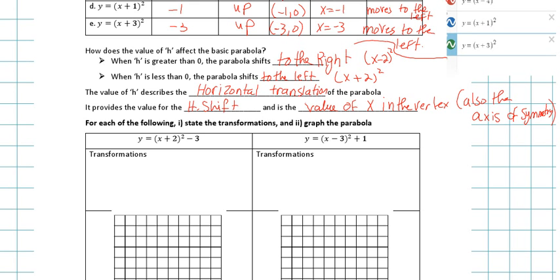Okay? You guys see that? H is the horizontal shift.